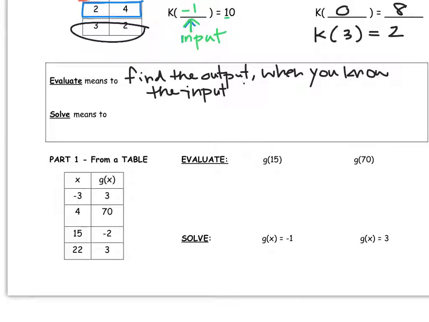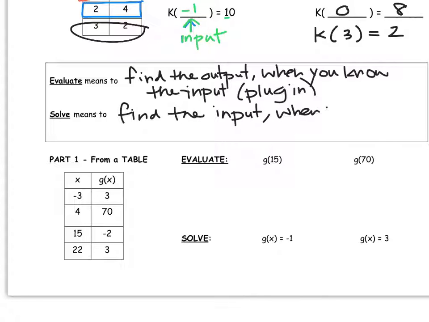And I like to write here that evaluate just means to plug in. Alright, solve means to do the opposite. Find the input when you know the output.